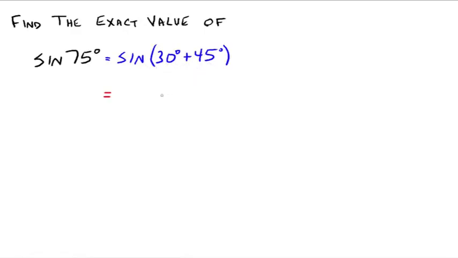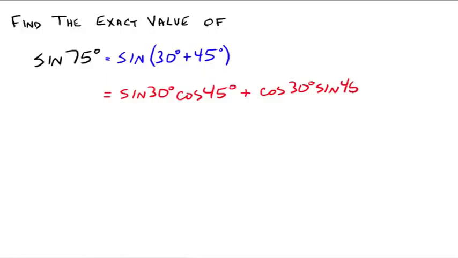What was that formula? It was the sine of the first angle times the cosine of the second angle, and then plus, because the formula is for sine, this plus or minus was whatever the plus or minus was up there, the cosine of the first angle times the sine of the second angle.